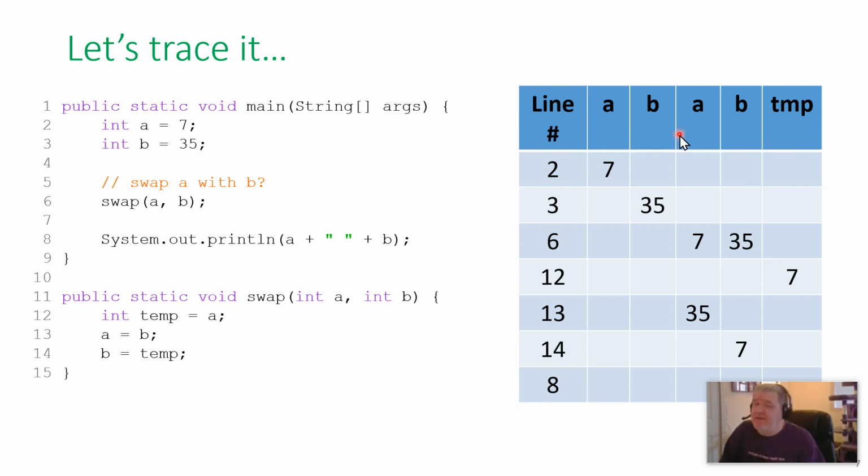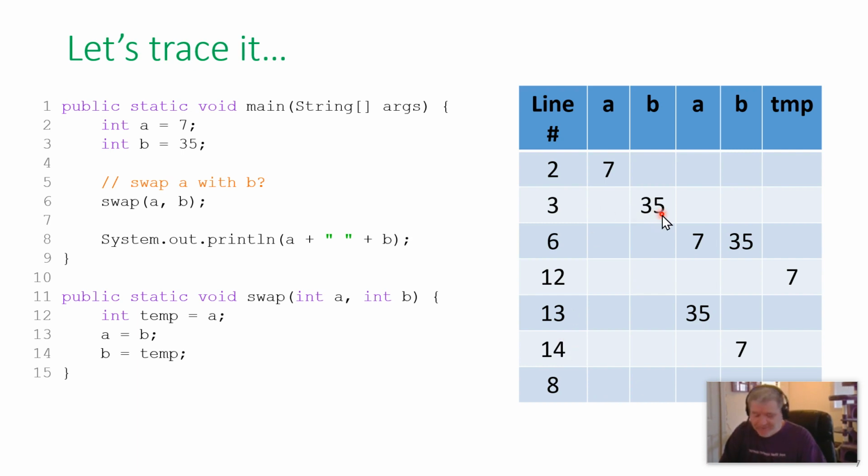And then I'm left with A and B the way that they were in the main. So these variable A and B, you see that on line 2, I assigned 7 to A and 35 to B on line 3. That never changed. I did all that work inside the method that I call, but then when I come back to the main, they are still 7 and 35.